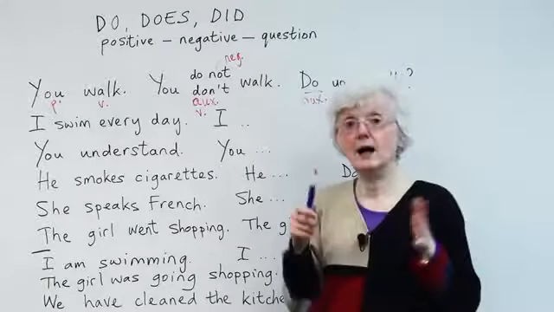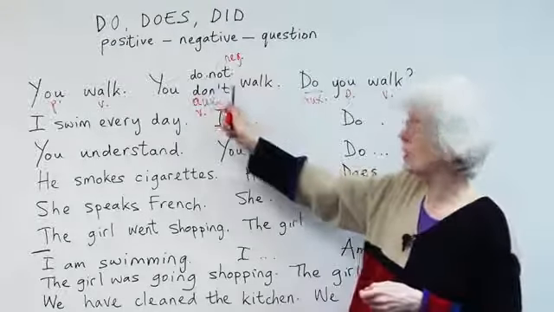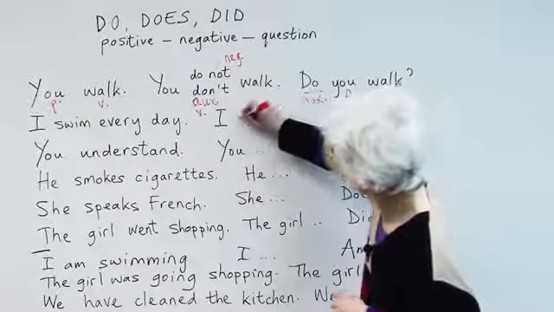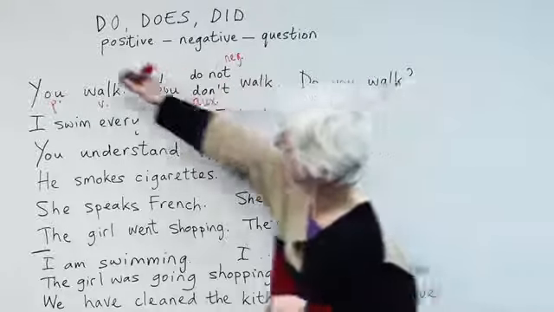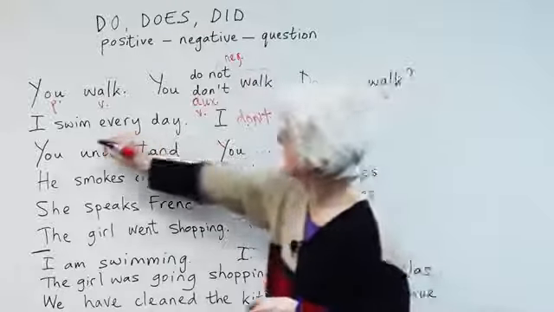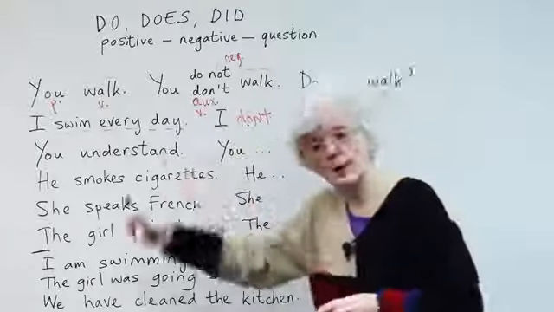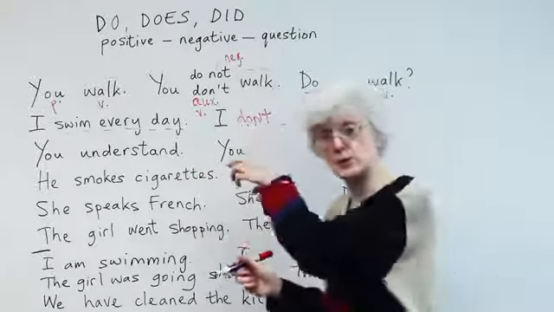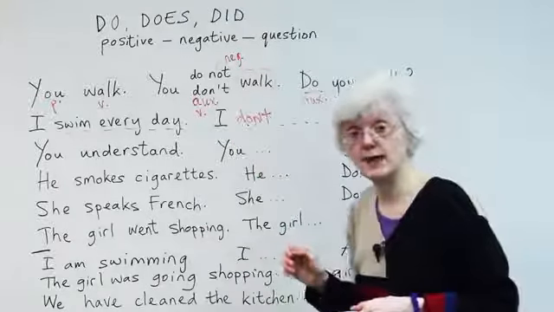We have to use do not, don't: I don't. And then it's the same, we've got walk there and swim there. So it's just, I don't swim every day. You just have to put don't in there.